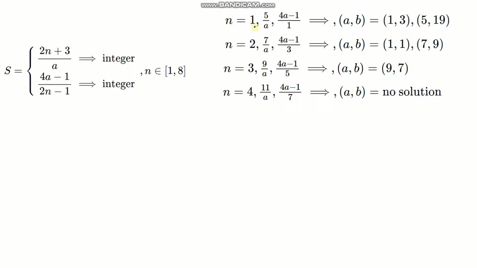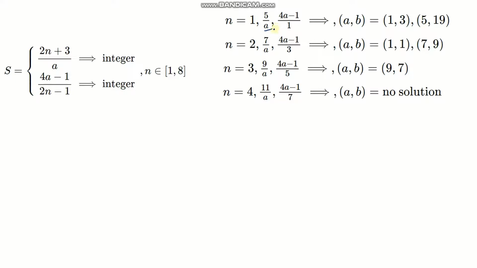When n equals 1, (2n + 3)/a becomes 5/a, and (4a − 1)/(2n − 1) becomes (4a − 1)/1. The only values that will make 5/a an integer are a equals 1 and a equals 5.